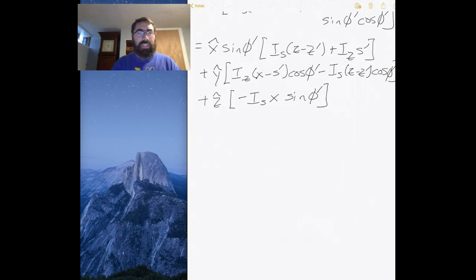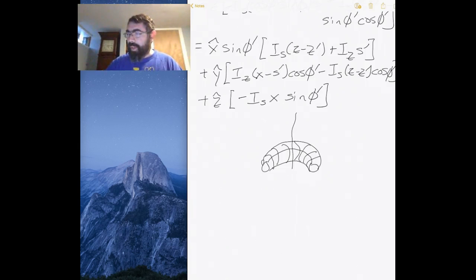Well, the interpretation is that we have basically a symmetry where if I looked at the torus and I looked at a slice of it like so, I could look at symmetric pieces where this piece over here is at an angle of minus phi prime, and this piece over here, which I haven't drawn out correctly all the way, would be at an angle of phi prime.